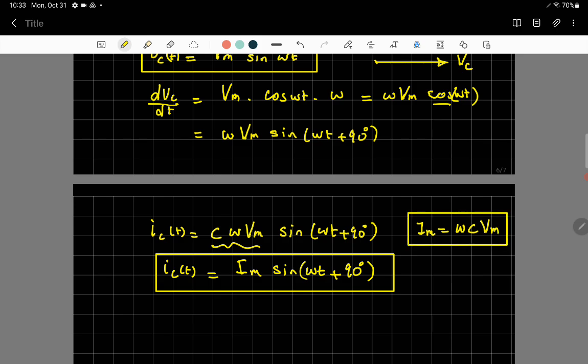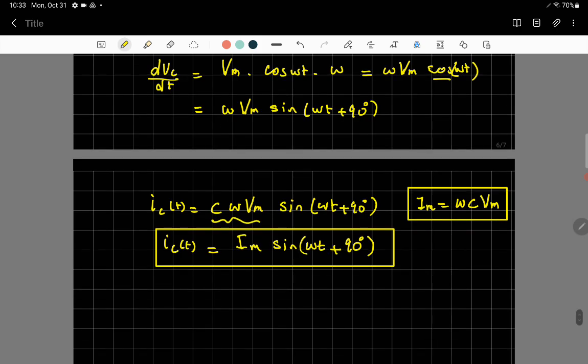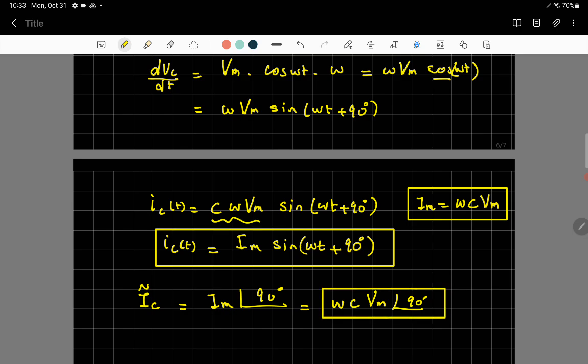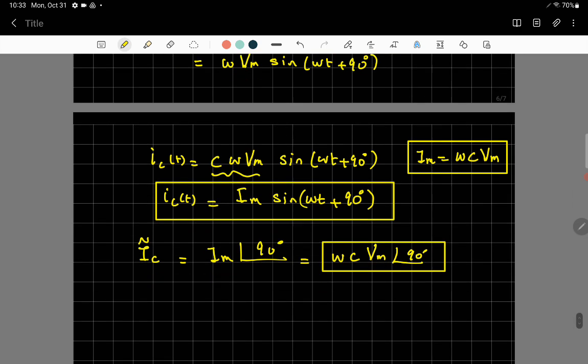Okay. Let's now express this current as a phasor. As a phasor, IC will be equal to Im angle 90 degrees. Im is equal to omega C Vm, and that's 90 degrees. That's the representation of the current as a phasor. Again, how do you find Z?